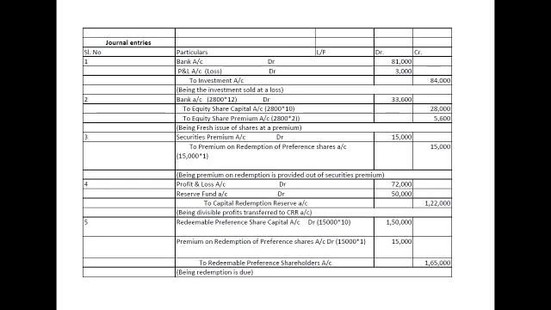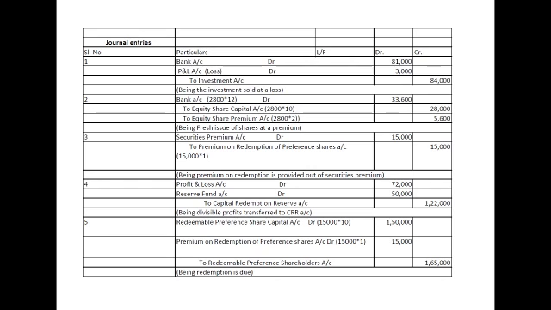Here from profit and loss account you took 72,000, and from general reserve you took 50,000. So profit and loss account debit 72,000, reserve fund account debit 50,000, to capital redemption reserve account 1,22,000.